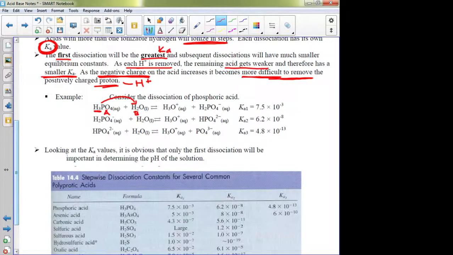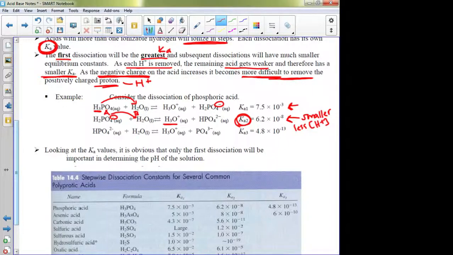So now I get the H3O positive plus the H2PO4 negative. Look at the value of my first Ka. Now my acid has what charge on it? Negative. So when this same reaction happens again, do I get as many H3O positives this time? No. How do I know? Because I can look at my Ka value. My Ka value got smaller, so I know I've got less H positives.